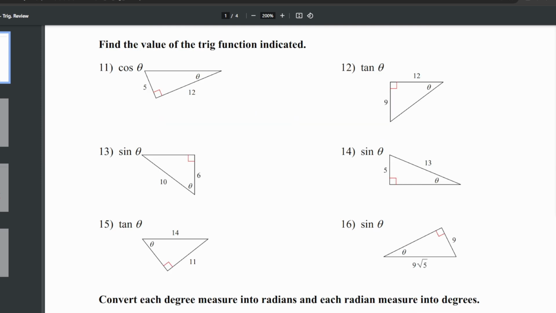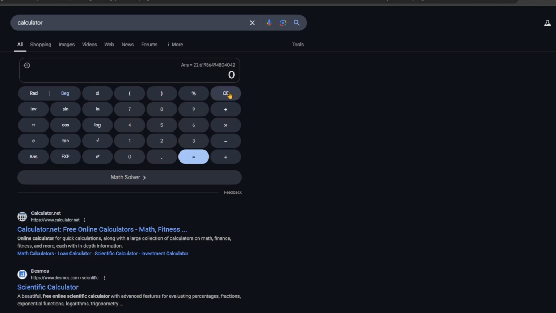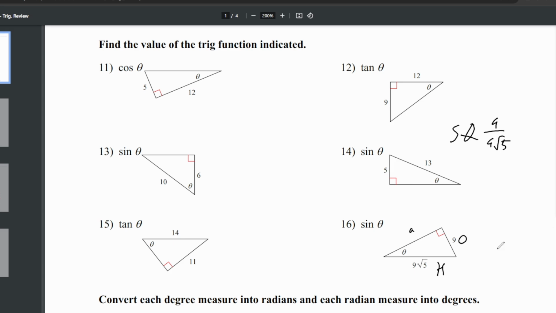Alright, let's do another. Since we're learning about roots right now, I'm gonna just do this one. Sine of theta, we could label adjacent, opposite, hypotenuse. So sine of theta is equal to 9 over 9 square root of 5. Okay, we can cancel these 9's out, so that would be 1 over square root of 5. So we just pop that into the calculator.